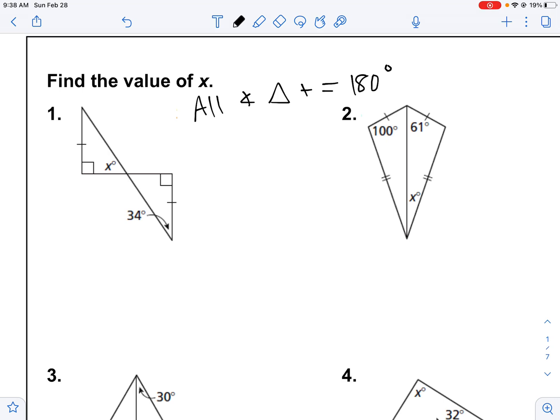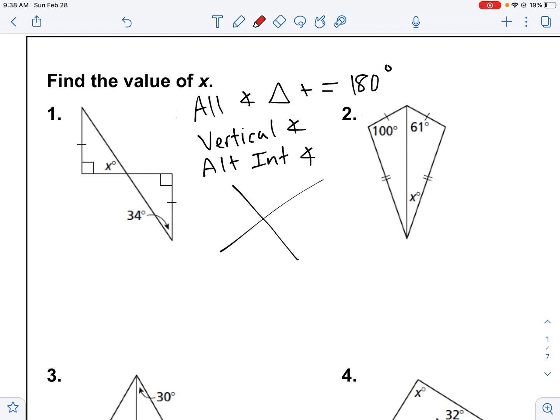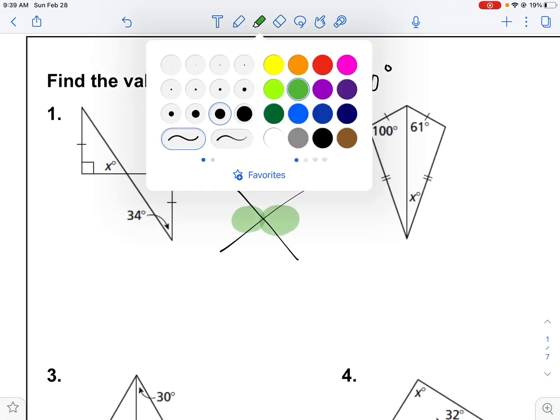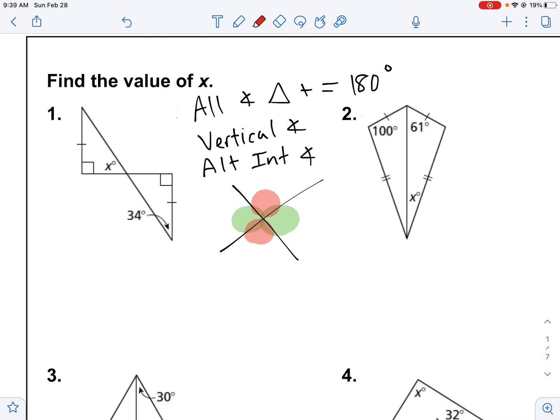You're also going to need to remember vertical angles and alternate interior angles. Now remember, vertical angles are, if you have two lines, the angles that are across from each other are equal. So that's vertical angles.